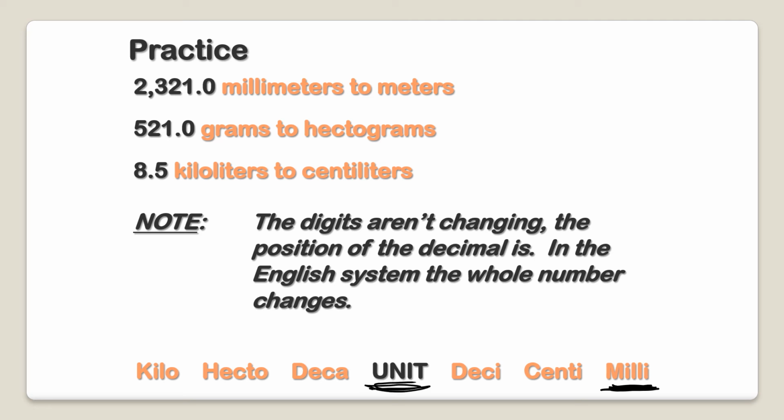So we need to count the number of units in between. 1, 2, 3. All right. So we have 2,321 millimeters to meters. I moved in this direction, and so I'm going to move my decimal point 1, 2, 3. And so I should have 2.321 meters. And always remember, you have to put your units there.